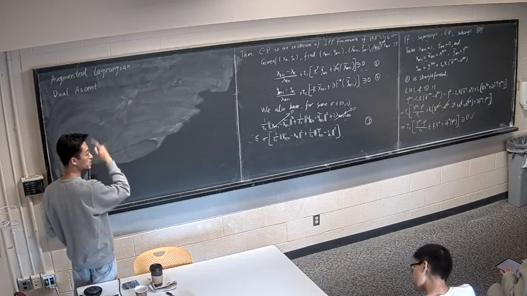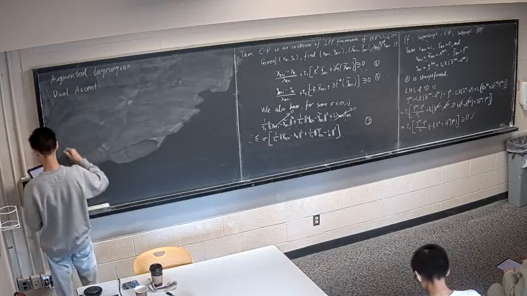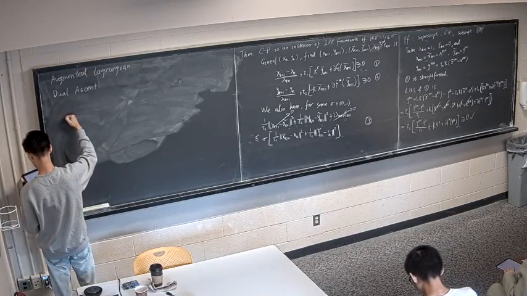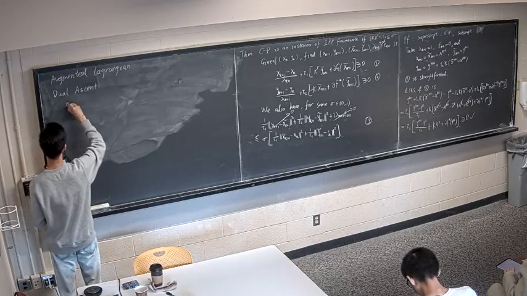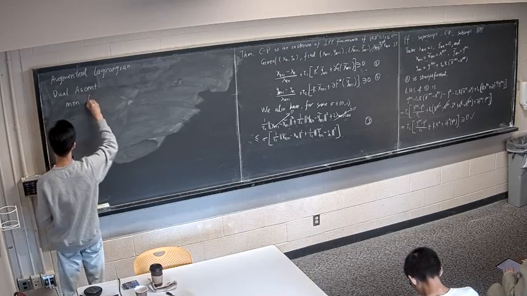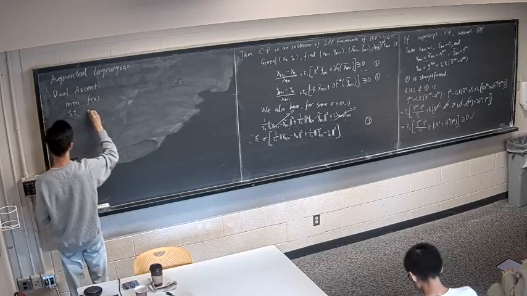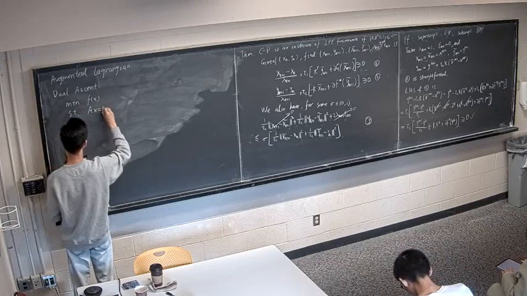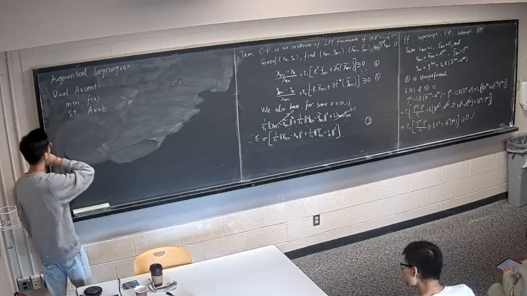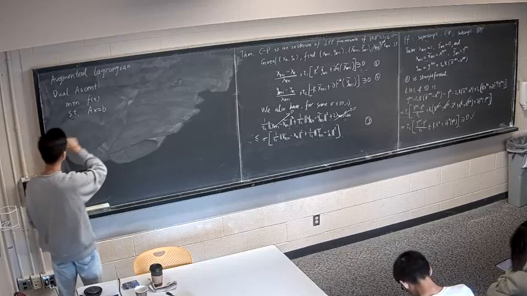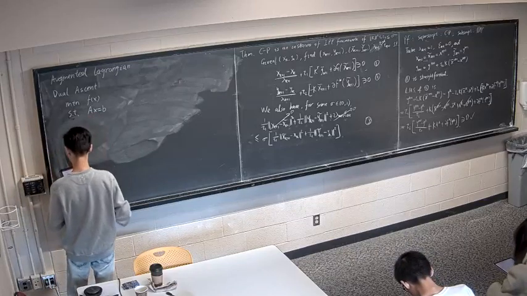So this is called dual ascent. But we still begin with a minimization problem. Suppose I want to minimize this convex function f(x) subject to the linear constraint Ax = b.